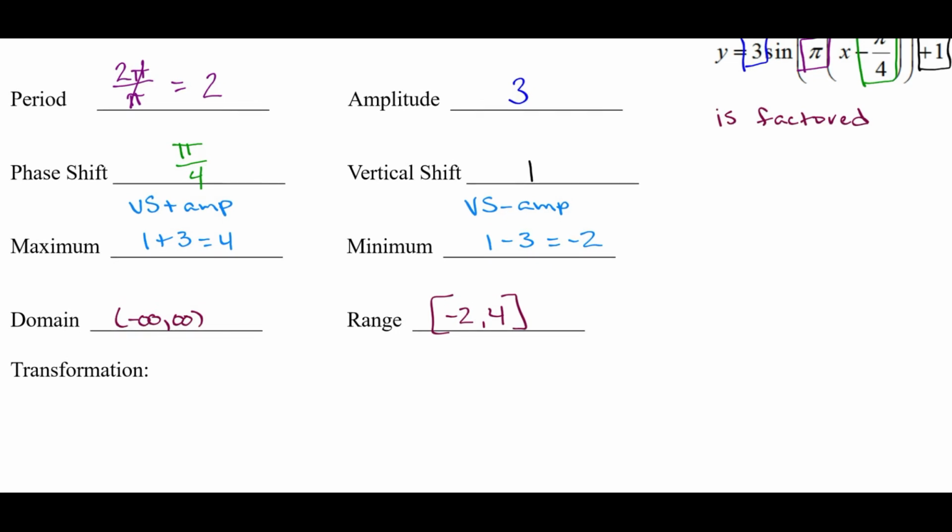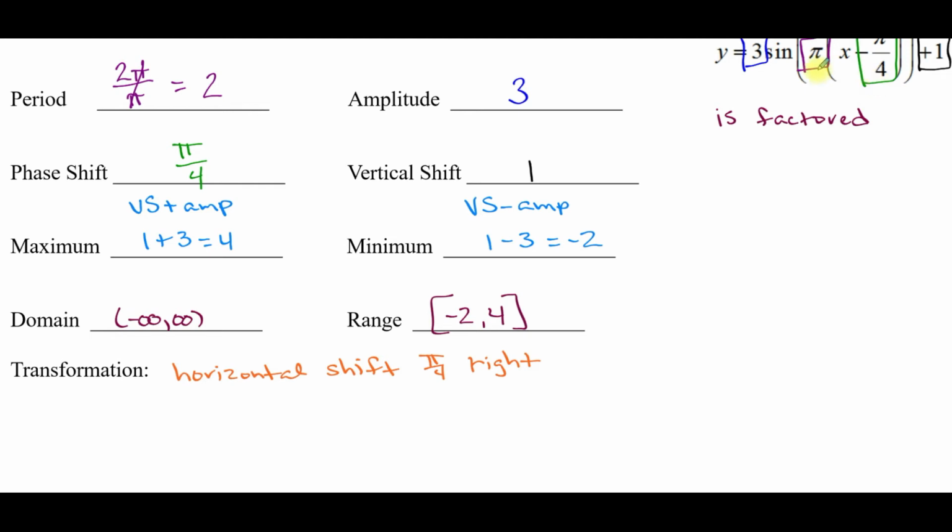And then we want to talk about the transformation, remember? So we want to do order of operations, so what's inside the parentheses first. So that's going to be my horizontal. So we've got a horizontal shift pi over 4 to the right. Because remember, we're changing the sign on that. So it was negative pi over 4, but we're going to change it to positive pi over 4, so we're moving to the right.